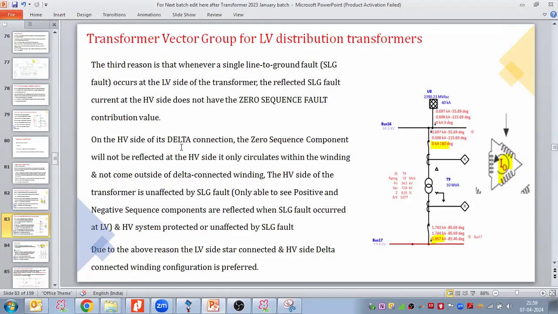On the HV side, because of the delta connection, the zero sequence component will not be reflected at the HV side. It will only circulate within the winding and not come outside of the delta connected winding.